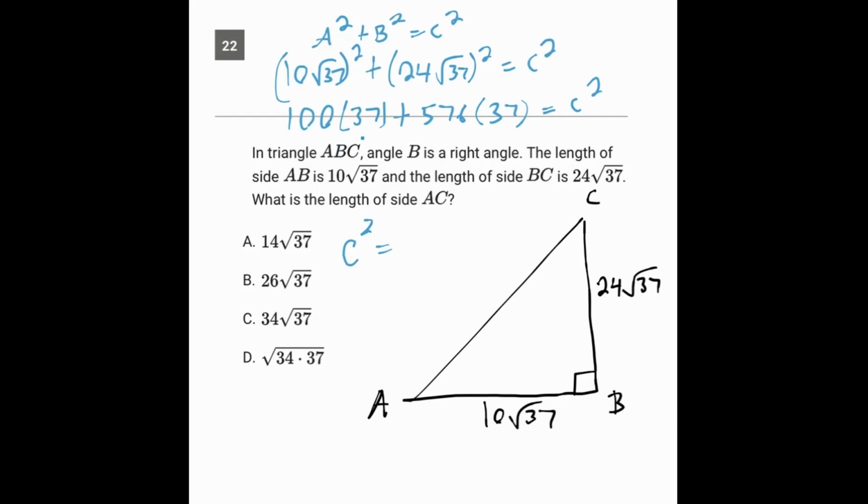So instead of actually putting that in the calculator, I can say this is 676 37s. Similar to if we had 100x plus 576x, that would be 676x. And the reason I'm doing it this way is because if you take the square root of both sides right now, square root of 676, well, that's 26. And we have the square root of 37. That doesn't have a square to it. So 26 root 37, that's what C is. And that's answer choice B here.